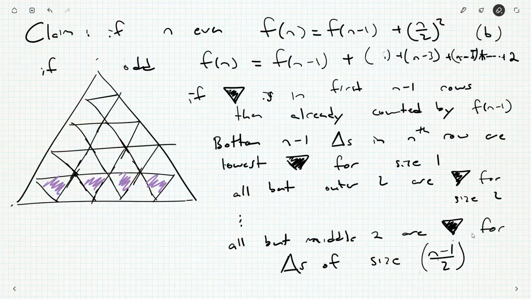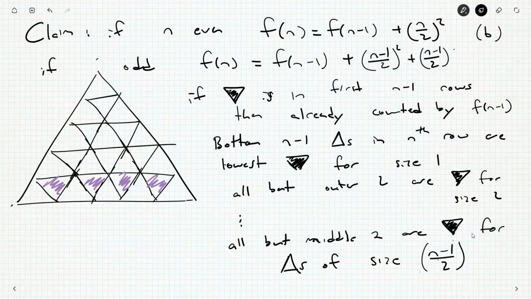So if I divide by 2 on both sides, no, I don't want to divide by 2. This will be n minus 1 squared. So shifting it to get even numbers each time, it'll be plus n minus 1 over 2, I think.